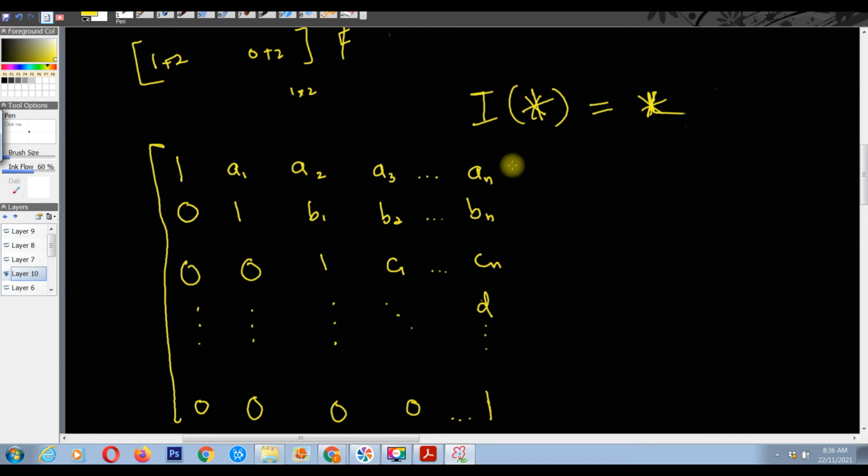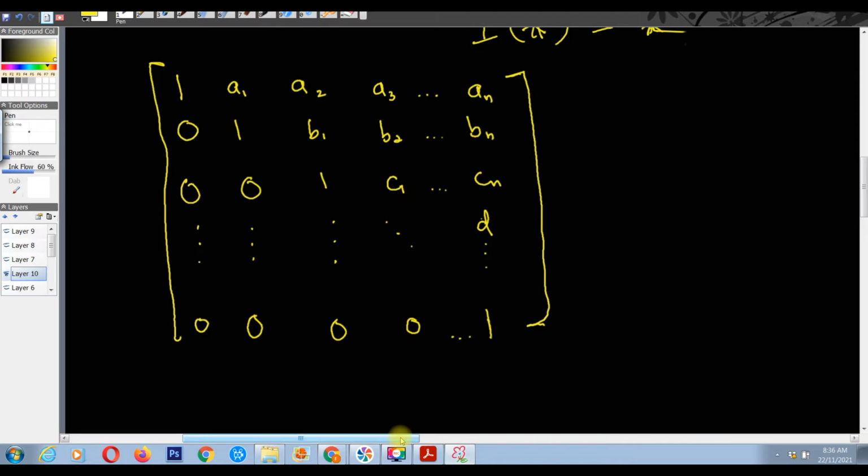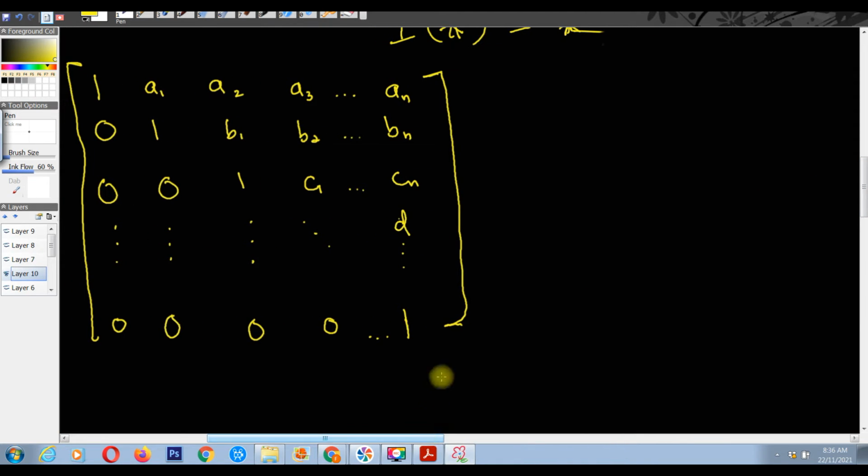Okay, so we have this kind of identity matrix. So now we want to... identity has no number here, sorry. It's confusing here. There is no number here, it's actually 0.